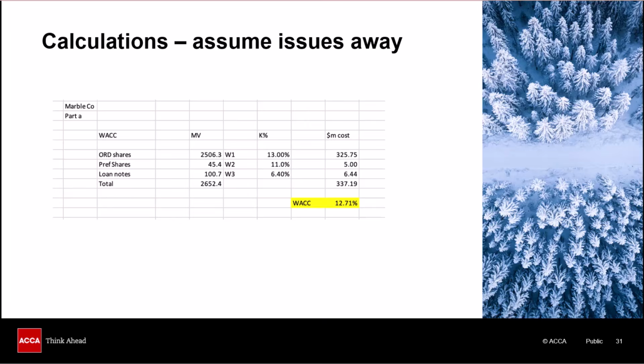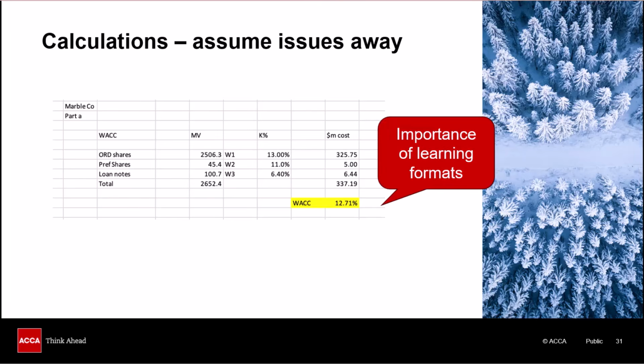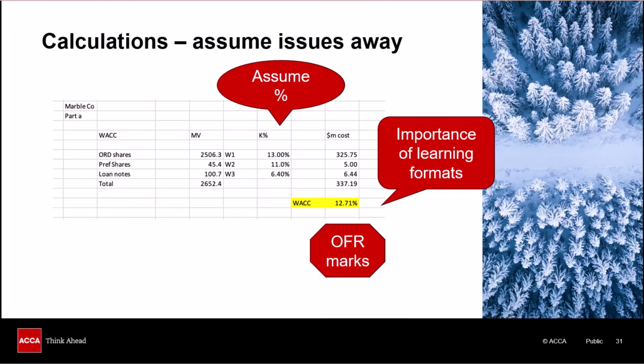This shows the importance of learning formats, because you can fill in numbers and get that final calculation. Calculating those market values are relatively simple, but calculating those cost of capitals can be quite lengthy. So you could assume those away if you're running out of time, and therefore still get those own figure rule marks for calculating the final calculation for WACC.